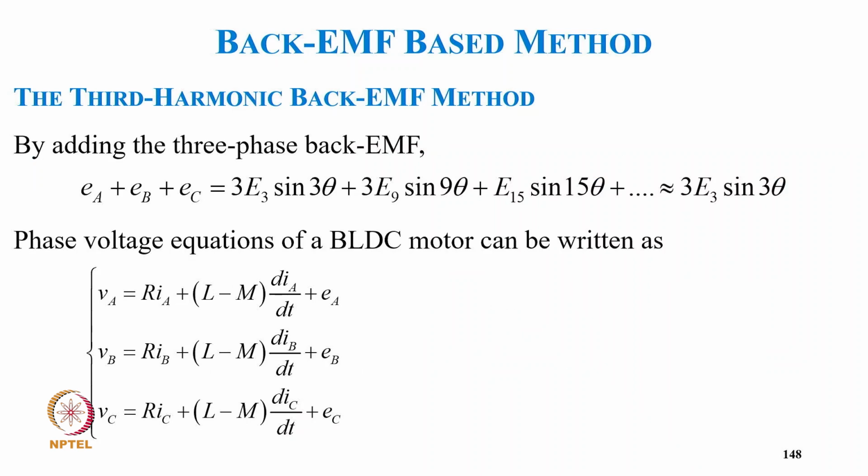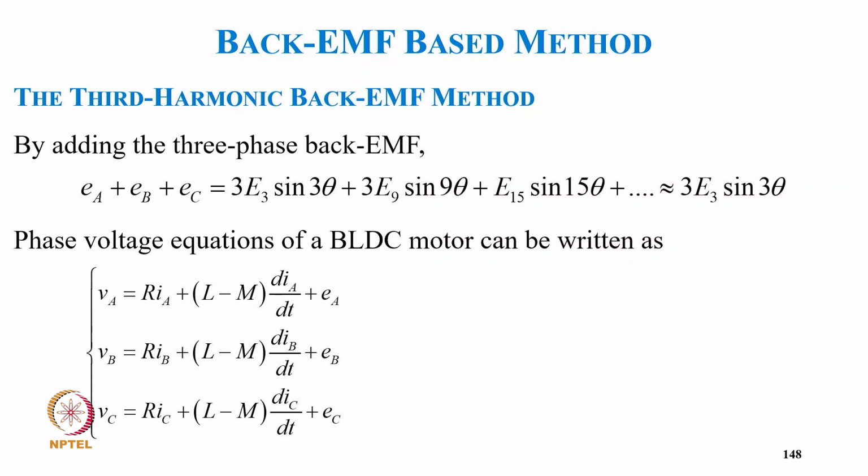So by adding the three phases, Esum equal to 3 E3 sin 3 theta plus 3 E9 sin 9 theta plus E15 sin 15 theta plus so on, equal to almost 3 E3 sin 3 theta.